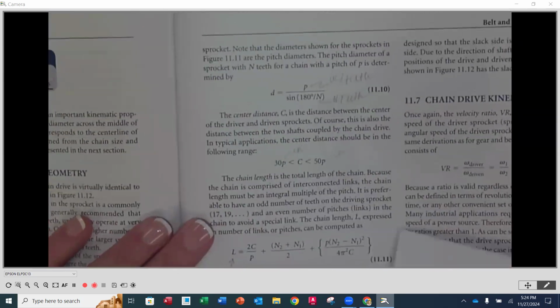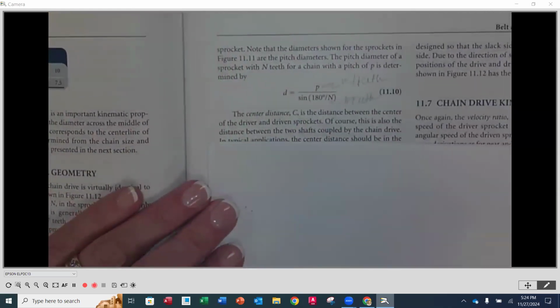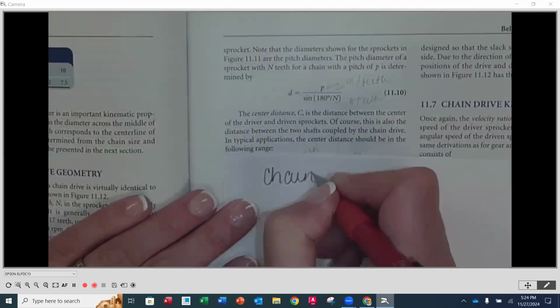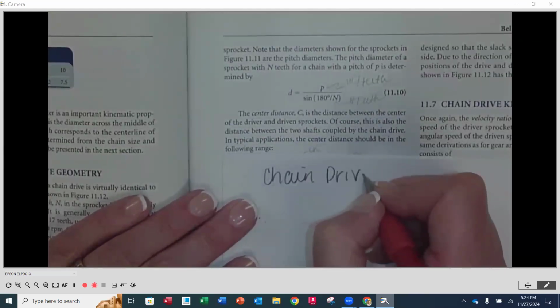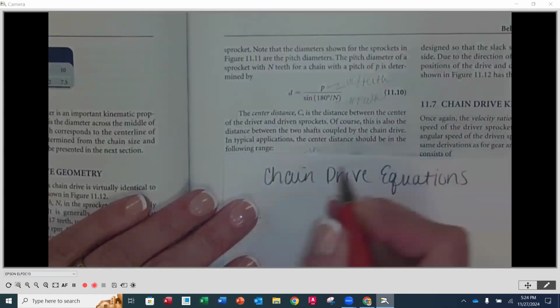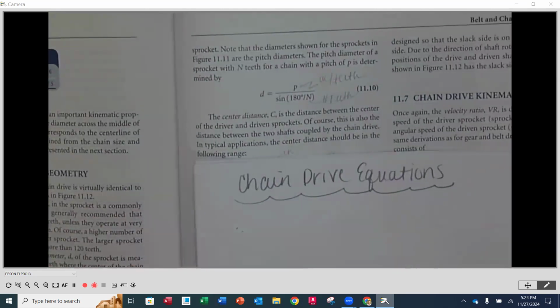So we're going to work on this page a little bit, and we will get our chain drive equations. And we'll walk through them so that we're ready to use them on our example.